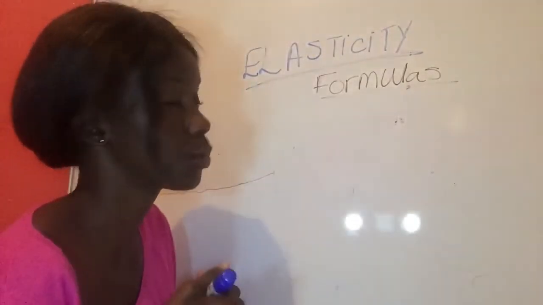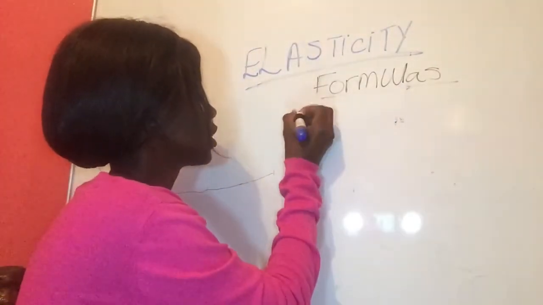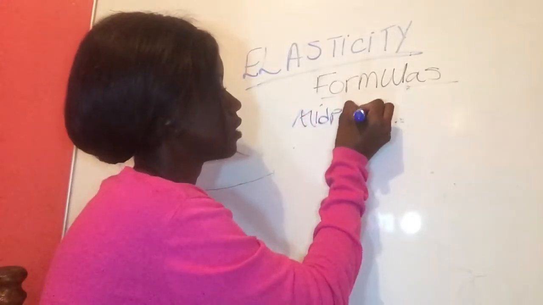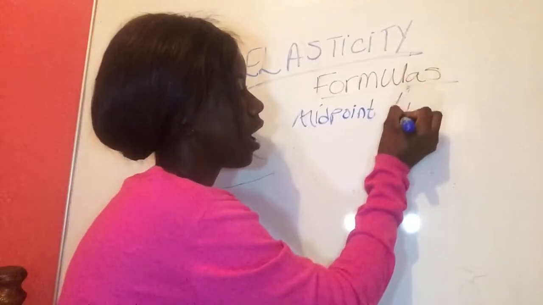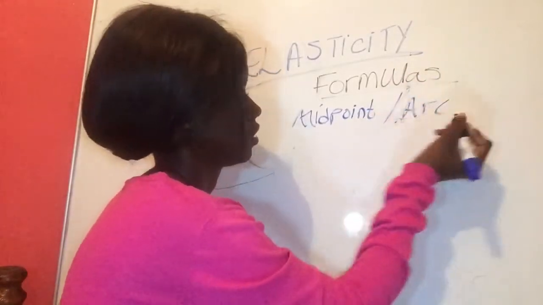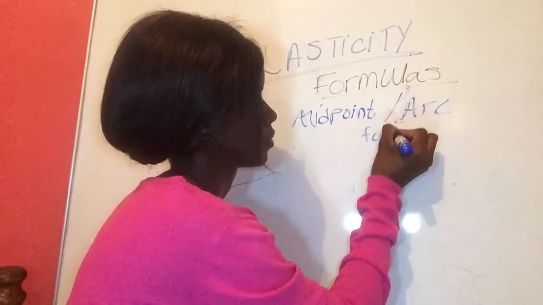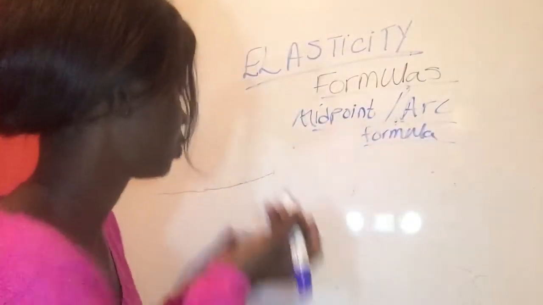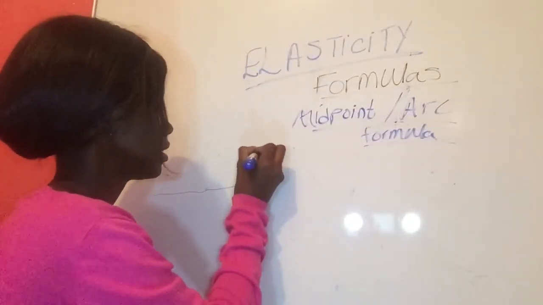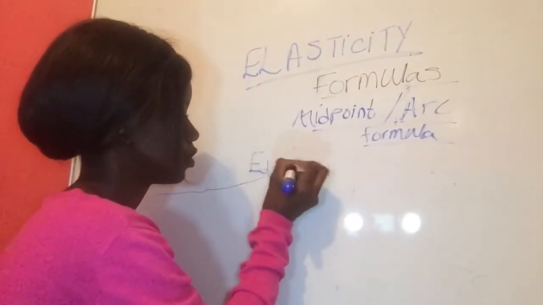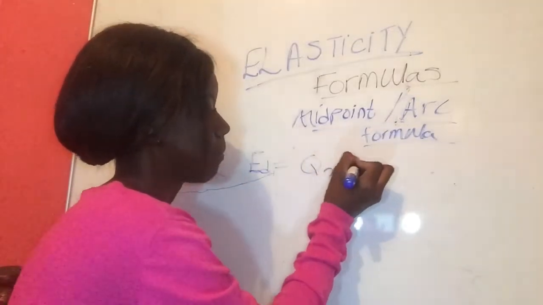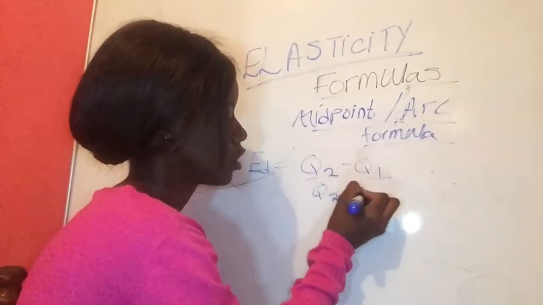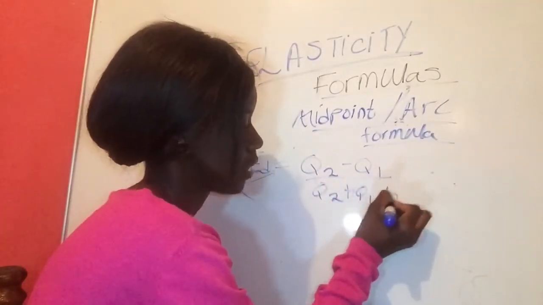The second formula we use is called the midpoint or arc formula. With this formula, elasticity is equal to Q2 minus Q1 over Q2 plus Q1 divided by 2.